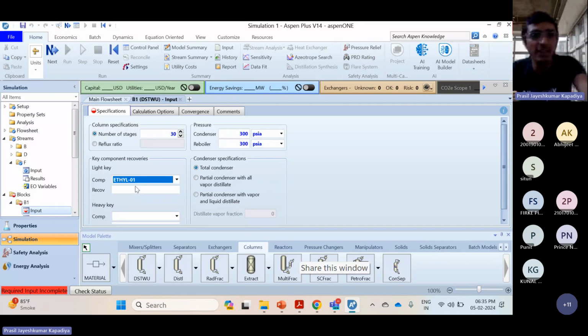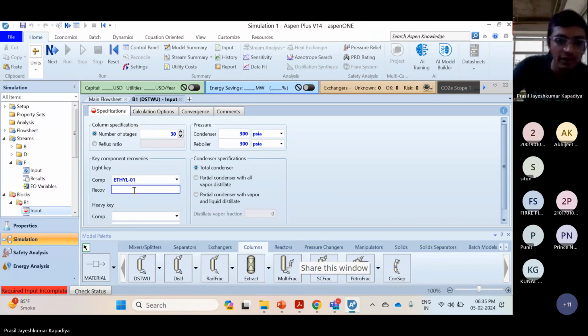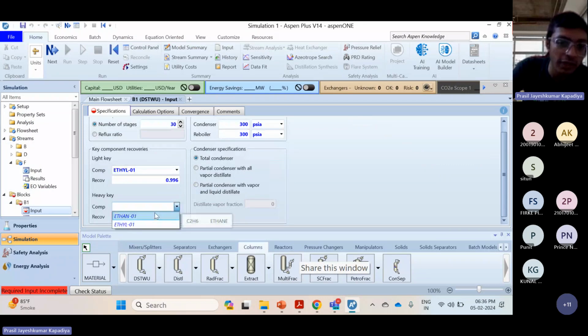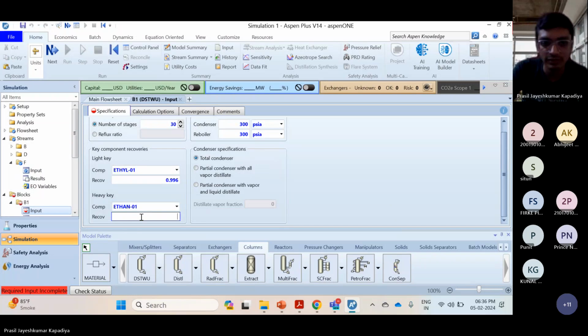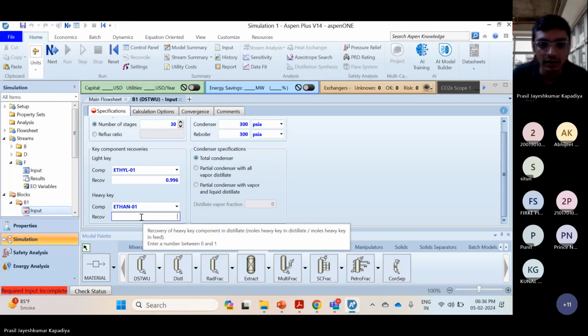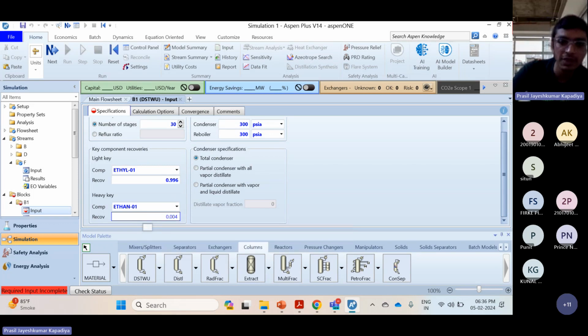We can change these names also. And 0.996. Okay. So here the heavy key component will be ethane. So what will be the fraction here? 0.004. Please be careful here.